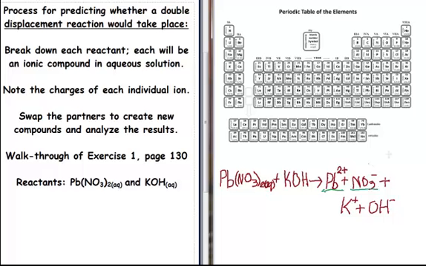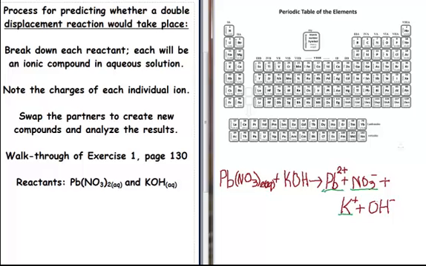Remember, of course, the polyatomic ions react as entities, so they don't break apart into, for example, nitrogen and oxygen in the case of nitrate. And then you also have potassium, which has a +1 charge, and the hydroxide ion with a -1 charge.